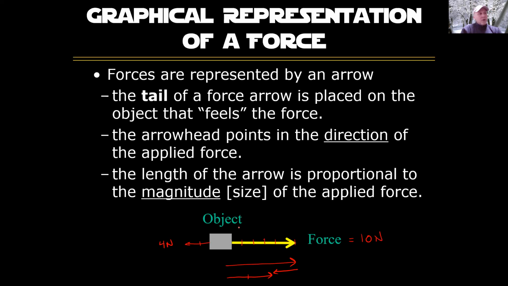Now, if we're not using a protractor and a ruler, then we're just estimating that this is going to be 10 and this is going to be 4. If it was 5, you would just try to visually make it half the size. When you're making force diagrams, we don't have to make them exact. They don't have to be to scale.